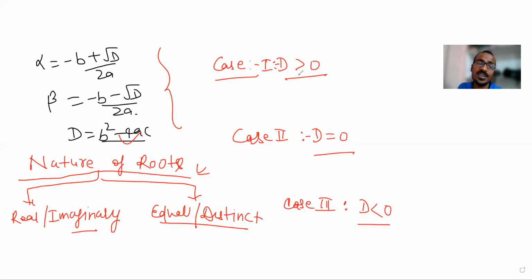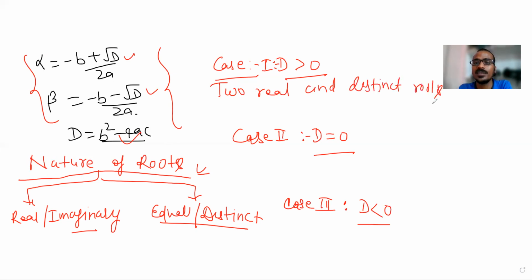In the first case, if D is greater than 0, then we are going to obtain two real and distinct roots.